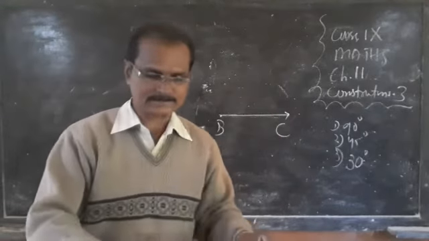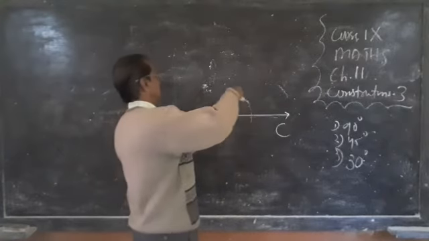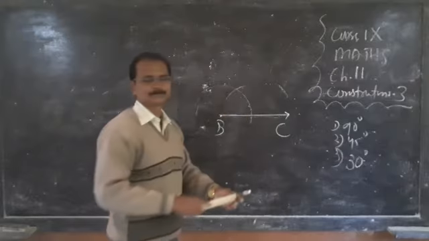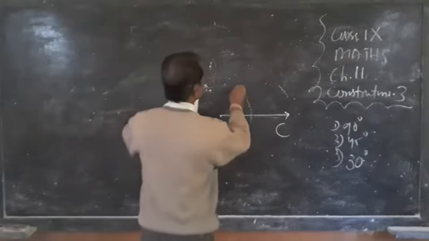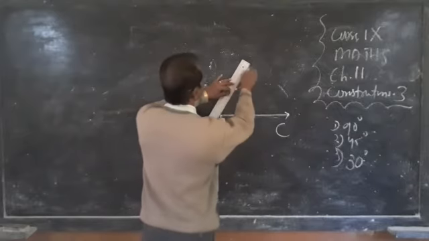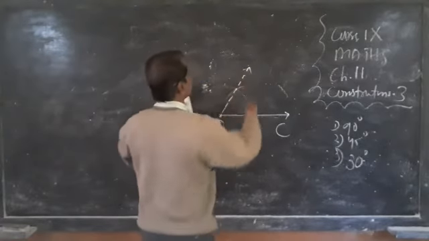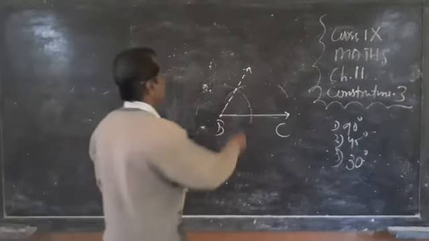First of all, construct a 60 degree angle: with any radius draw an arc, and with the same radius again an arc. So now this is 60 degrees. Make a dotted line there.